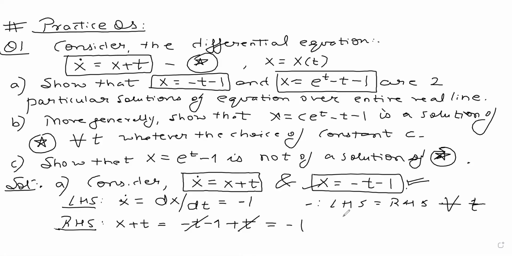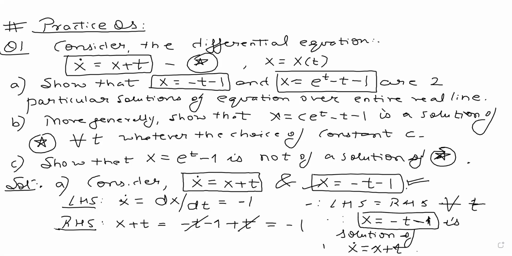So I can say that therefore x equal to minus t minus 1 is the solution of the differential equation x dot equal to x plus t.